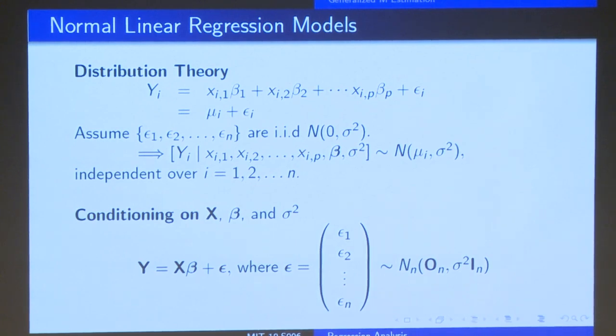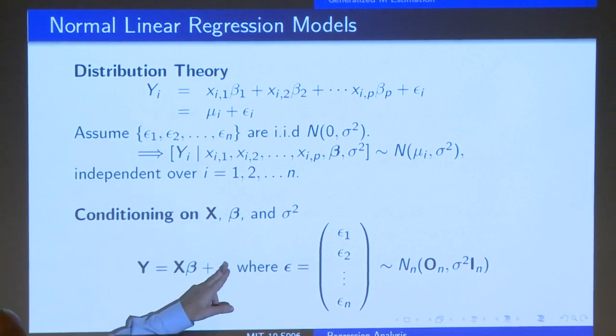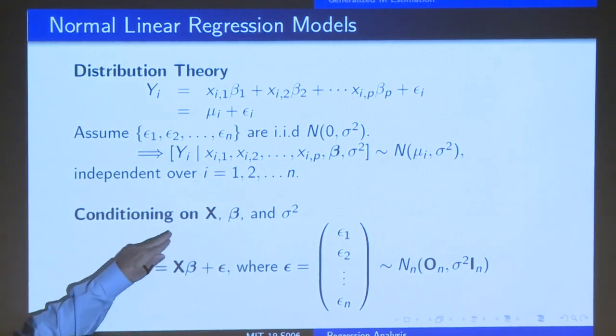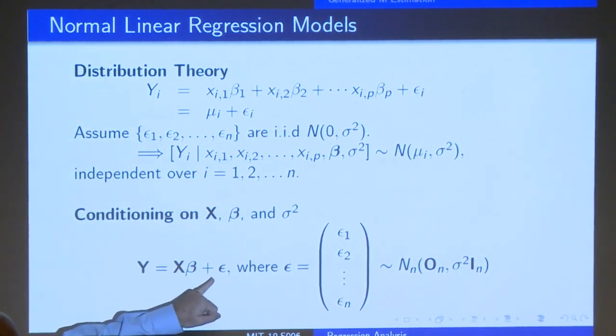And what we can do is condition on x, beta, and sigma squared, and then represent this model in terms of the distribution of the epsilons. So if we're conditioning on x and beta, this x beta is a constant, known. We've conditioned on it.